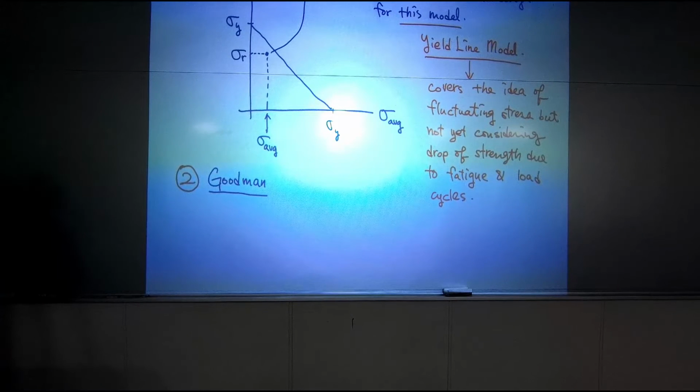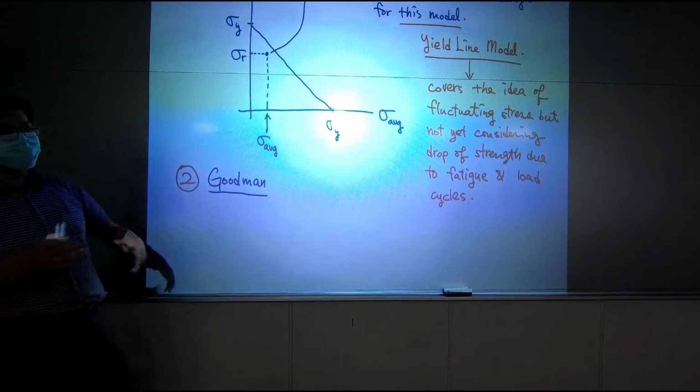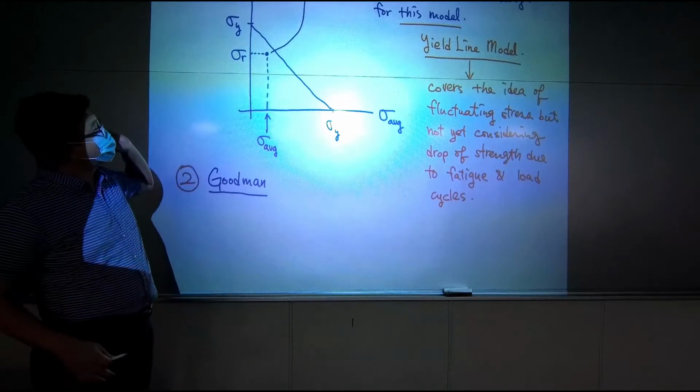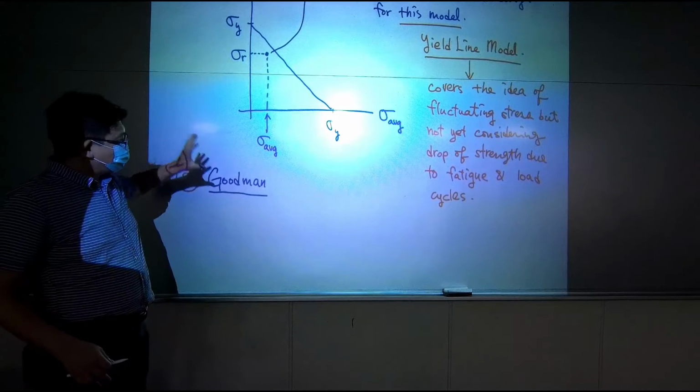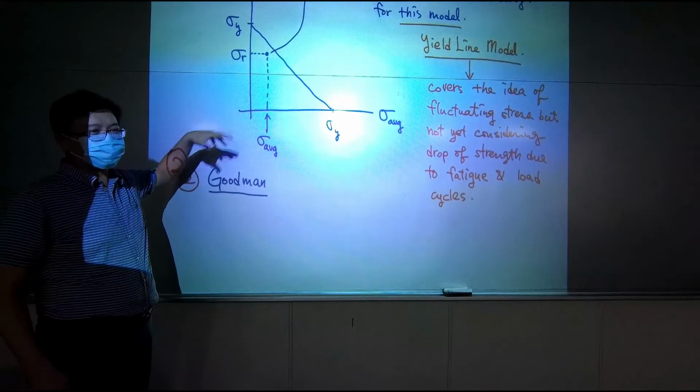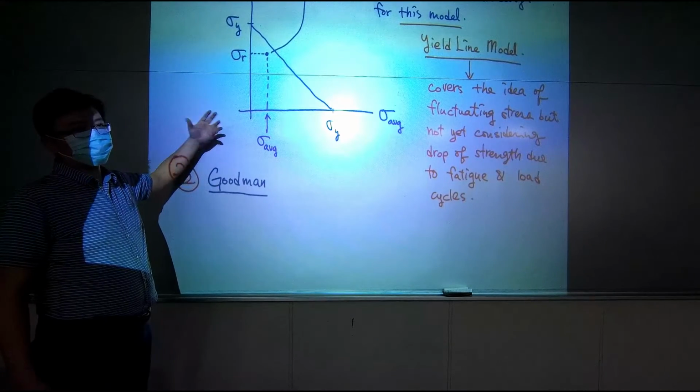Goodman said we should consider the drop of material strength. So I'm not going to go through how Goodman derives or modifies the model. I'm going to show you how this new, different model looks in this diagram. I believe it's the easiest way to understand it.